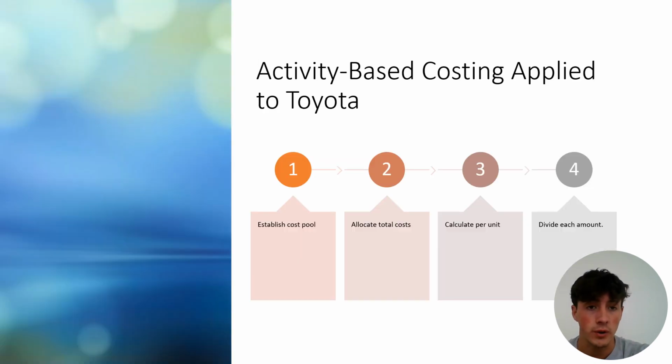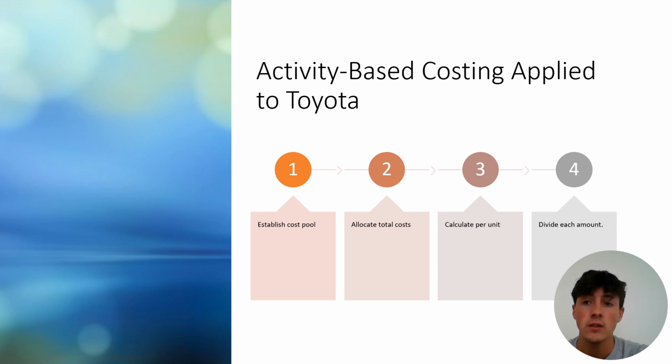Managers at Toyota Motor can take the following actions to perform ABC costing after identifying all support activities, associated costs, and variables that drive those costs. Step 1. Creating a cost pool for each activity based on the dynamics of the auto and truck manufacturers. Step 2.